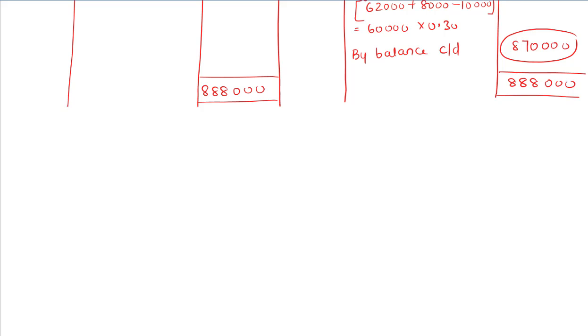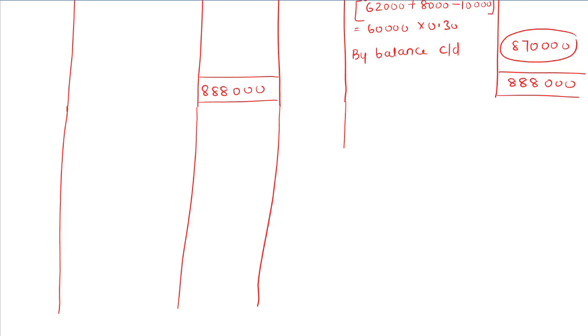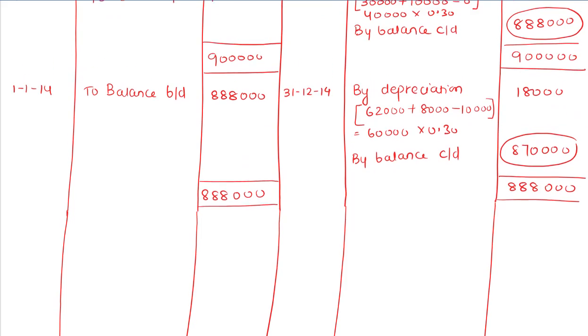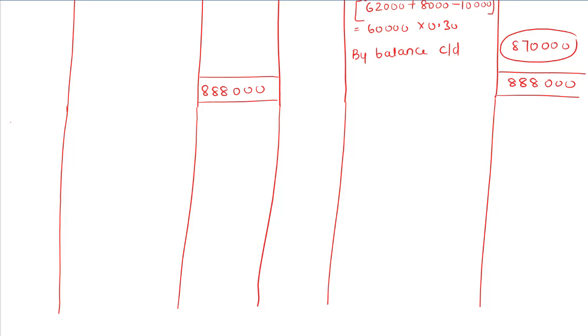We have made the lease accounting for 2 years. Let us continue. Stretch these lines. Let us begin for 2015 now. 1st of January 2015, to balance brought down 8 lakh 70,000.